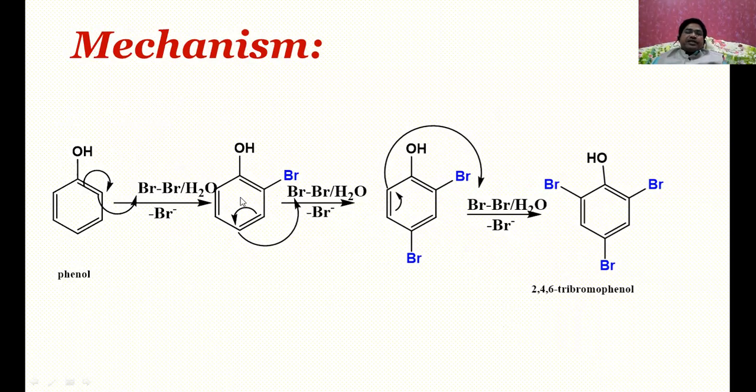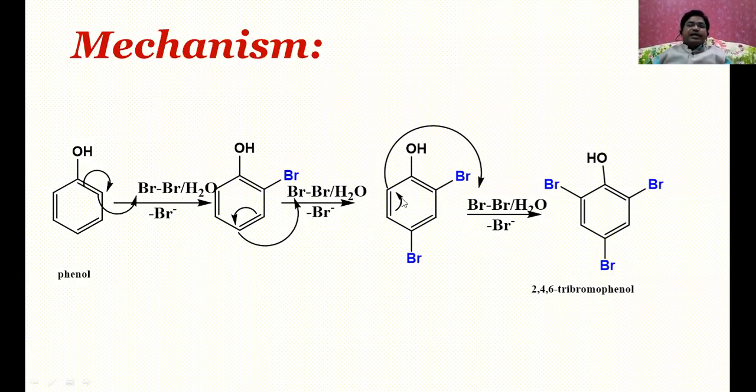Similarly, here the same process is carried out. At the para position, the bromine undergoes substitution, and HBr is removed, hydrogen and Br minus.